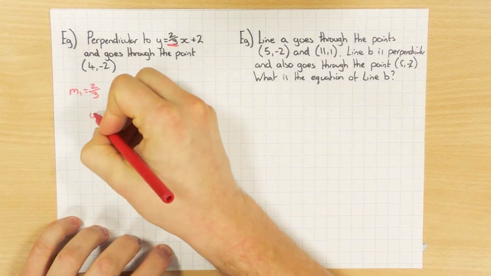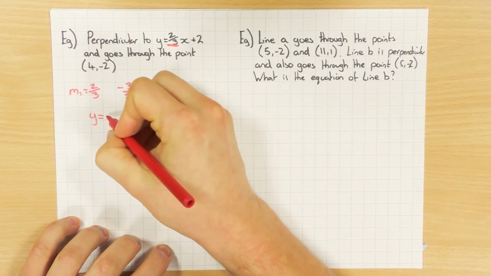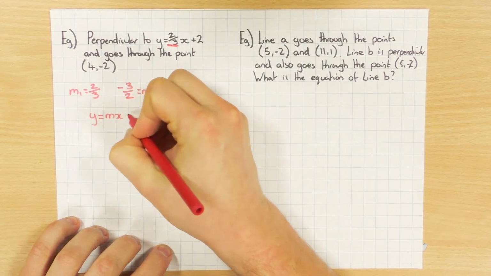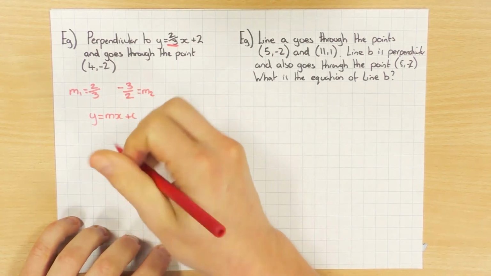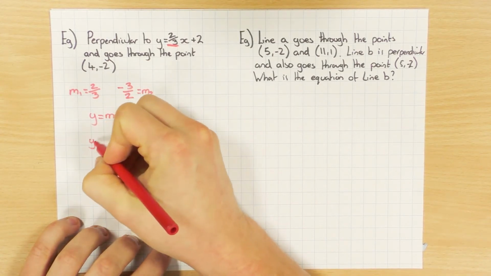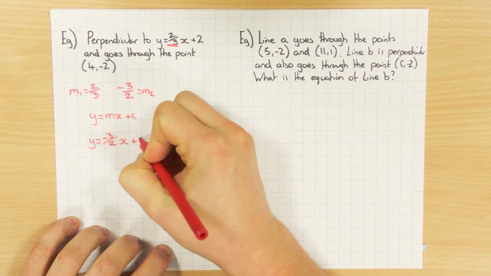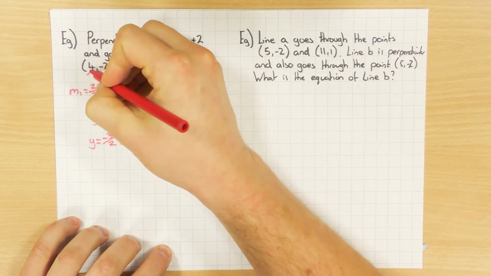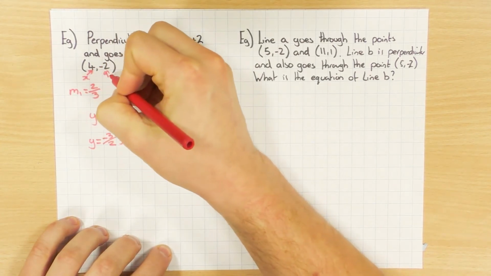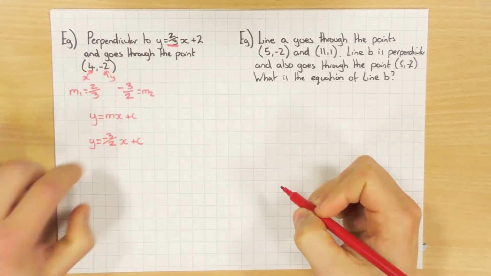Let's put that into the general equation for a straight line. So y equals mx plus c. We just worked out the gradient's minus 3 over 2, so let's put that in. And exactly the same as before, because I've got a coordinate, I have an x value and a y value. So let's substitute those in.